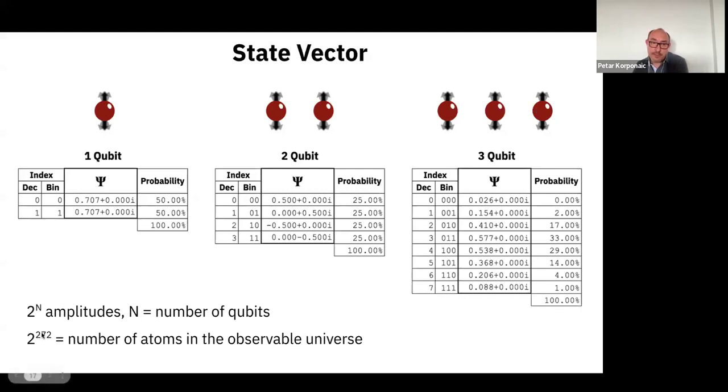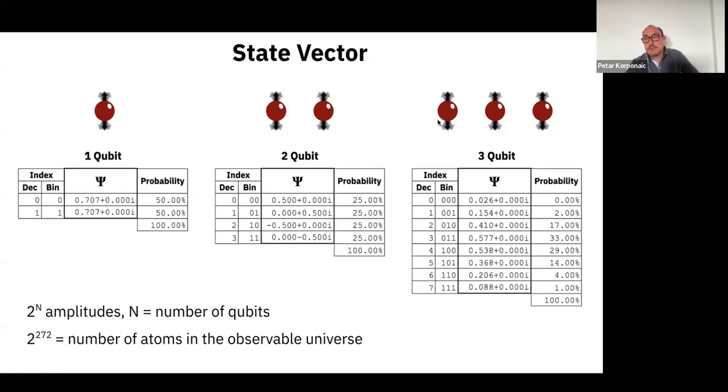So if we have a 272-qubit quantum computer and you modify one qubit, you are modifying the probability of a system whose size can be mathematically written as a vector of as many items as the number of atoms in the observable universe. So this is the power of a quantum computer.